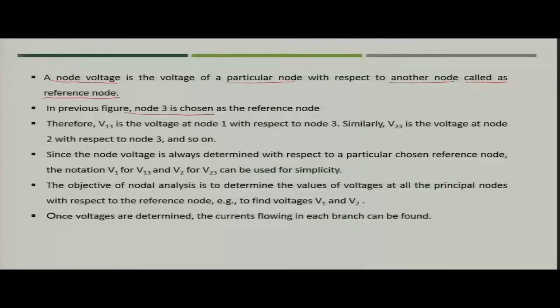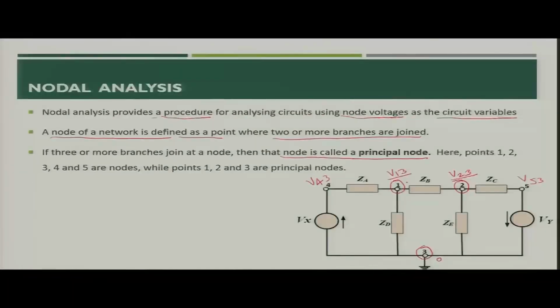We have seen that node 3 is chosen as the reference node. We are mentioning V13 and V23, that is the voltages at principal nodes 1 and 2 with respect to node 3.